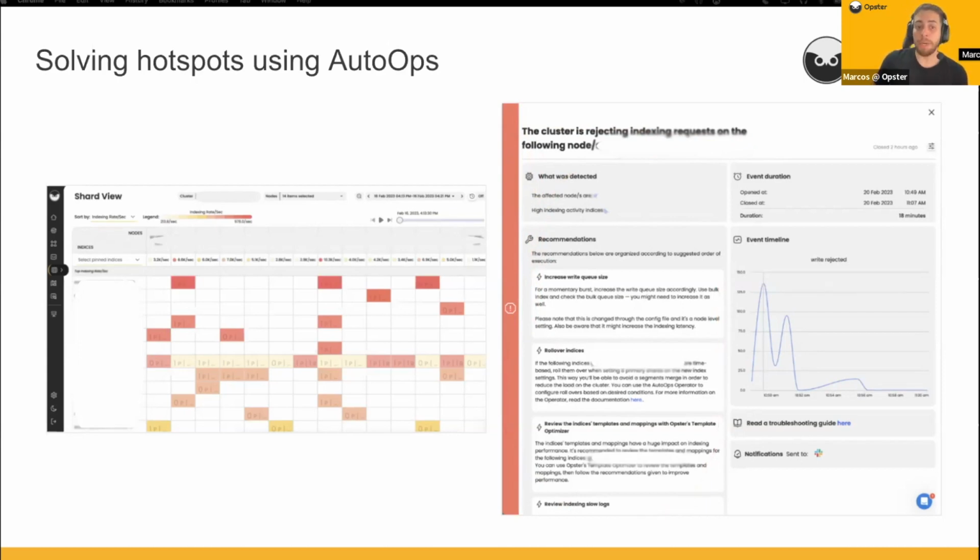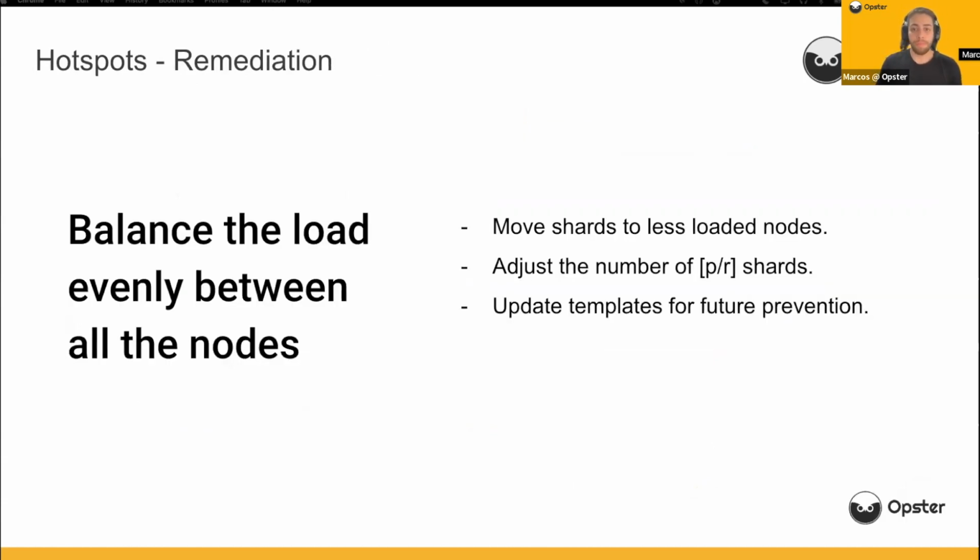And talking about suggestions and remediation, the goal to remediate this issue is to balance the workload. As shard is the unit of scale again, all we need to do is rebalance the shards as well. There are many approaches we can apply here, like just moving the shards to a different node, or adjusting the number of shards.